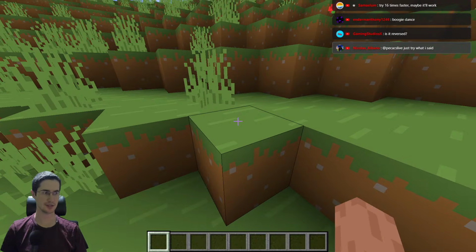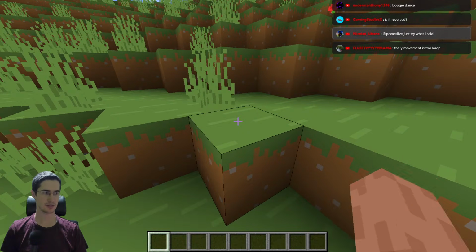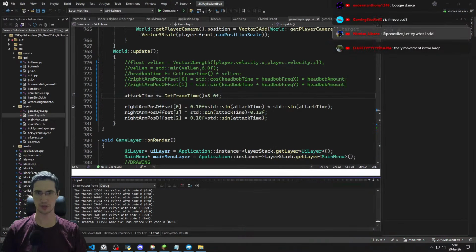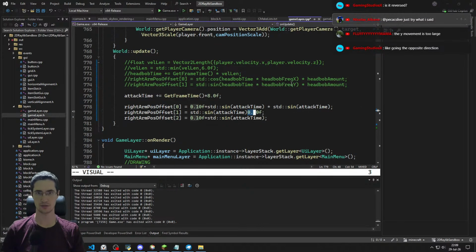What do you mean, is it reversed? The Y movement is too large. Okay, let's lower the Y movement. Like this.